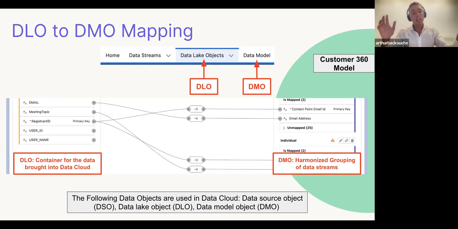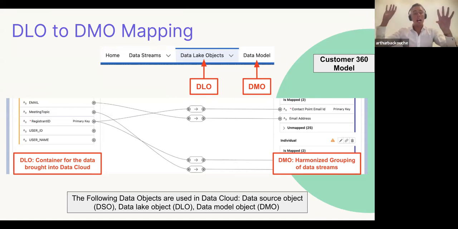After that, when I make my data available for Data Cloud, when I can play with and manipulate my data, the data will be contained in a DLO. A DLO is a container for Data Cloud. So it goes like this: DSO, data source object; DLO, data lake object. I store my data into Data Cloud.